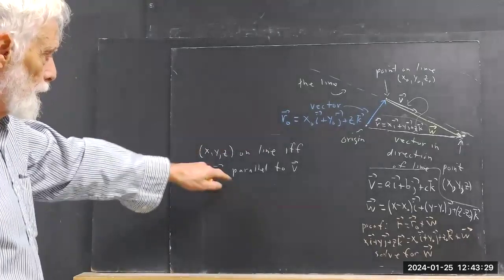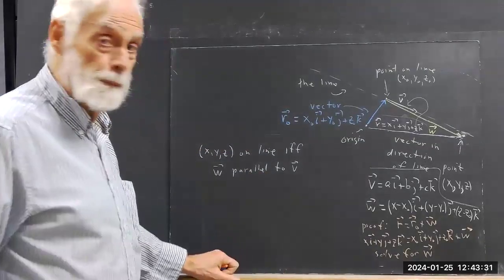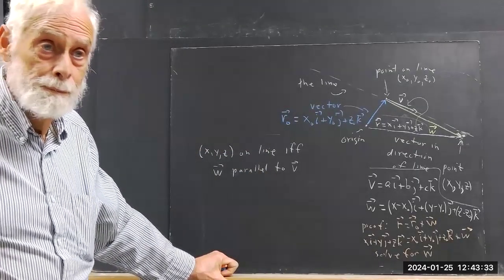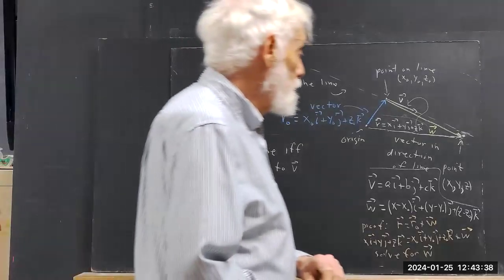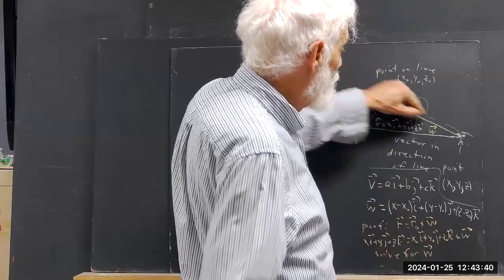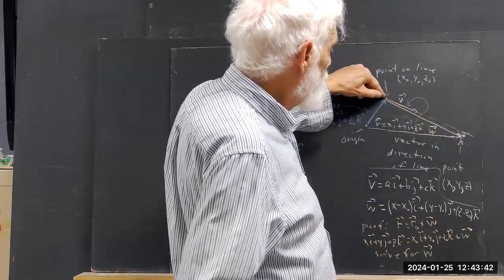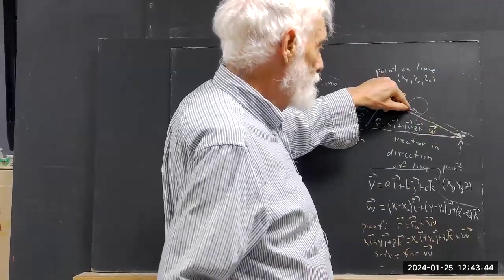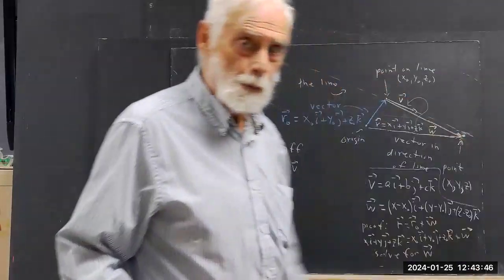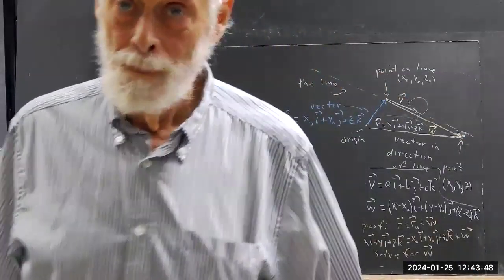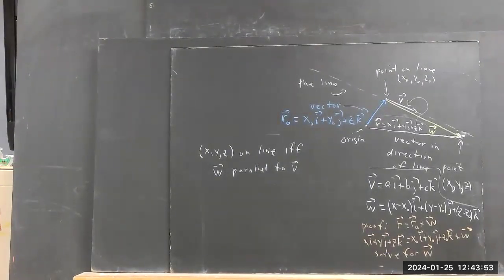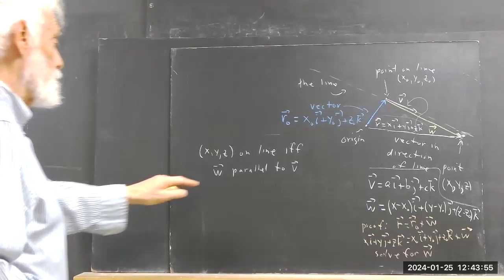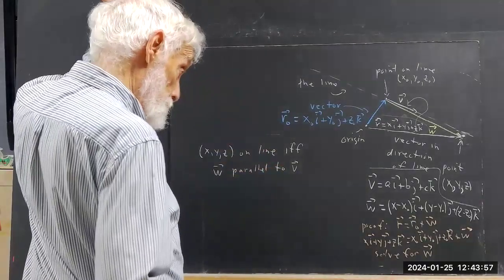X, Y, Z is on the line if and only if W is parallel to B. If W is parallel to B, then the path from here to here is parallel to the vector B. That's exactly what we mean by being on the line. Okay. Now, what's the test for W being parallel to B?